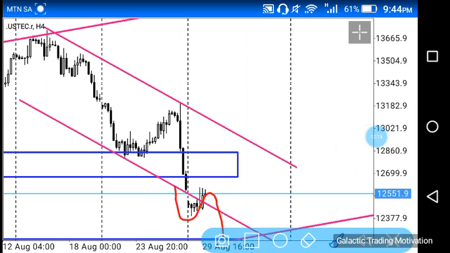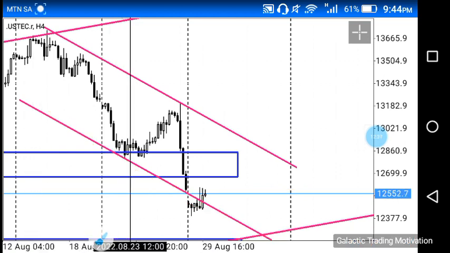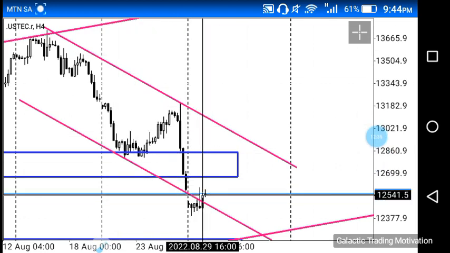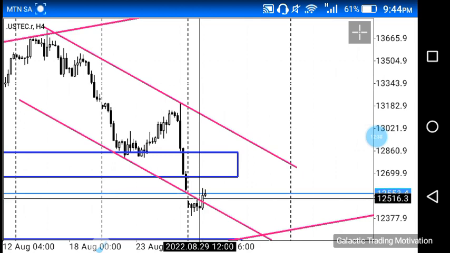Because we can see that that gap has been closed, and it seems as though the neckline, or rather the trend line, is struggling in regards to making sure that price stays outside of this particular area over here, right? So that's a clue as well.